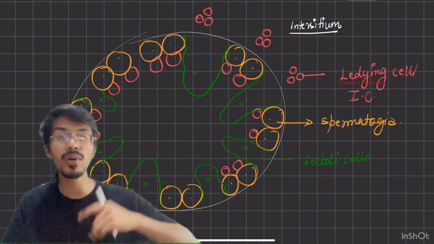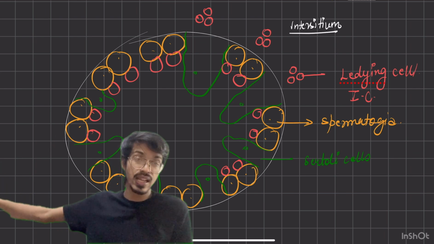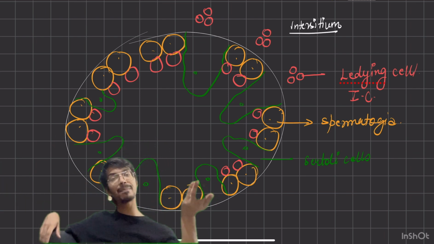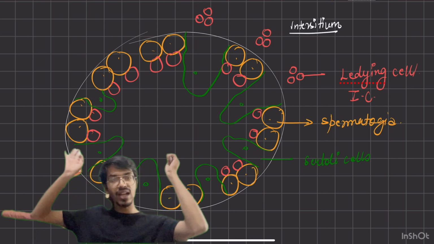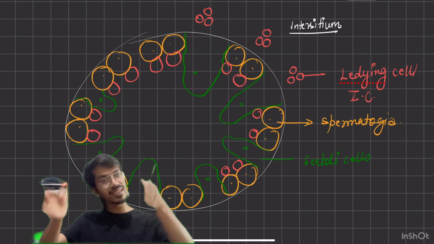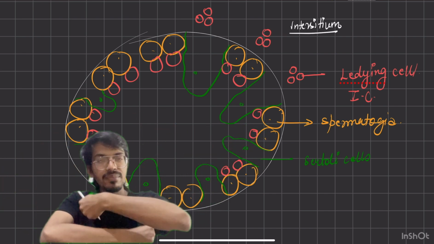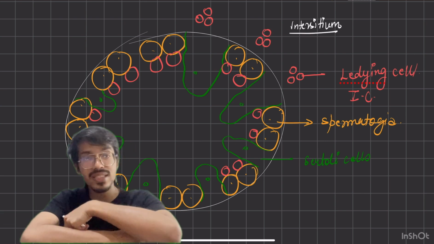These cells are haploid, which is not the same ploidy as the other cells of the body. The body would find them as different cells and the immune system would attack them. So to protect these cells, Sertoli cells form tight junctions, tightly holding them so they are not attacked by the immune system.